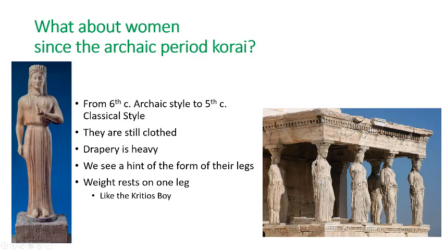But it's interesting, in the classical period, we get a lot more clothing, right? Drapes and drapes and drapes of stuff, but we also get a little bit more of a glimpse as to the form underneath that clothing. We also go from this tense stance to see how she's just grasping her dress on the right here, with the weight resting on both legs, much like the Critias boy.